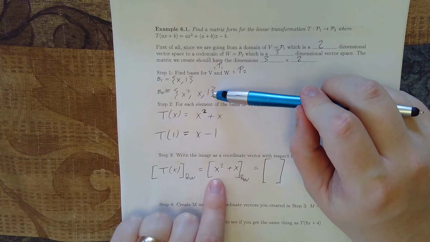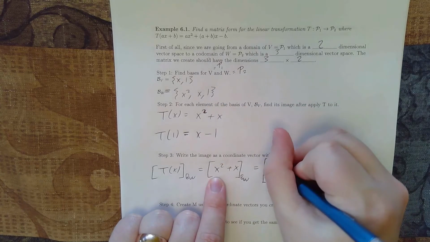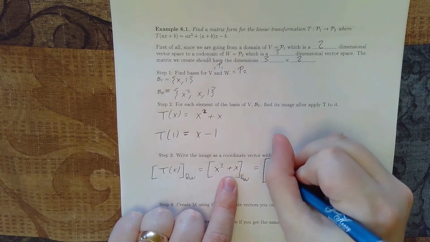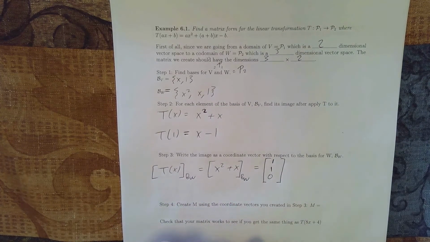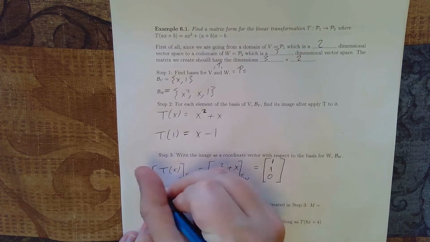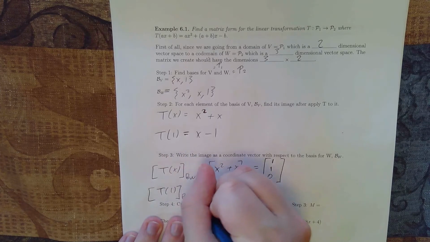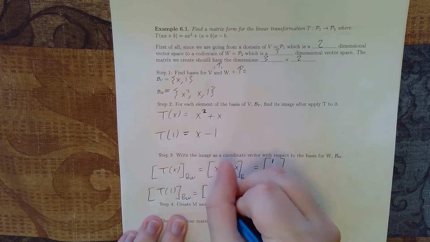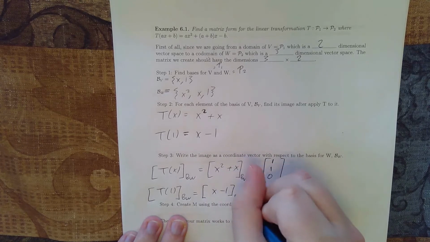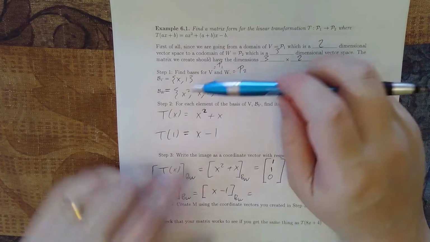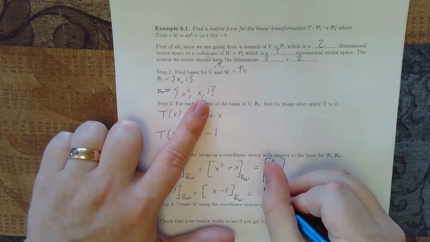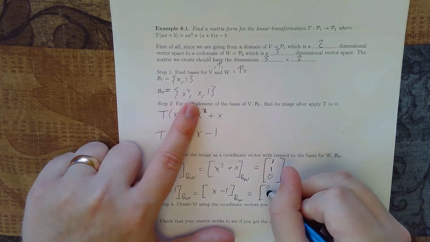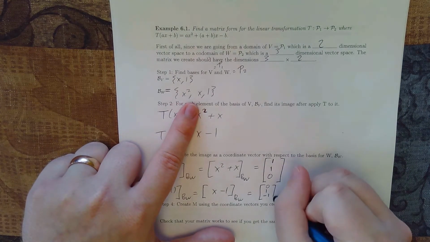Because we're using the standard basis, we can pretty easily tell it's a single x squared plus a single x plus no constant part, so 1, 1, 0. And when we're transforming 1 and then writing it with respect to our basis for our codomain, we're taking x minus 1 and writing it with respect to that basis, so it's something times x squared plus something times x plus something times 1, so it's 0x squared plus x minus 1.